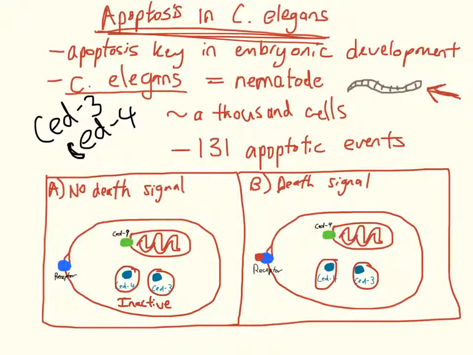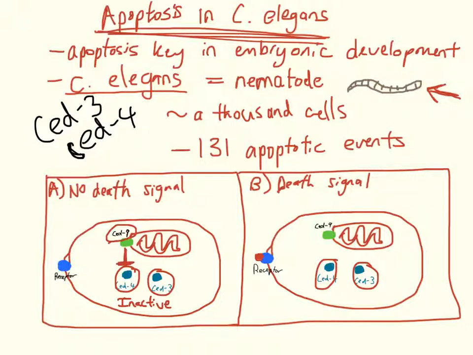And what this shows us is that the regulation of apoptosis occurs at the protein level rather than the gene level.